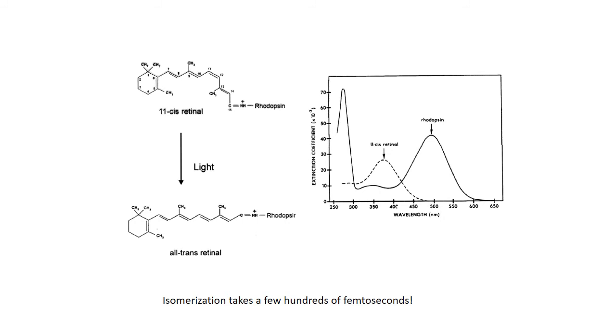But when the 11-cis retinal is bound to rhodopsin, it is able to absorb visible light about 500 nanometers. So 11-cis retinal by itself is not sensitive to visible light, but when it's bound to rhodopsin, the amino acids that surround it tune it to become sensitive to visible light, about 500 nanometers.